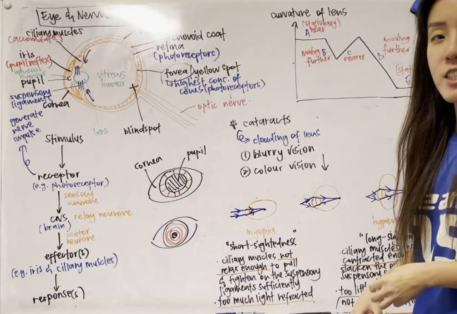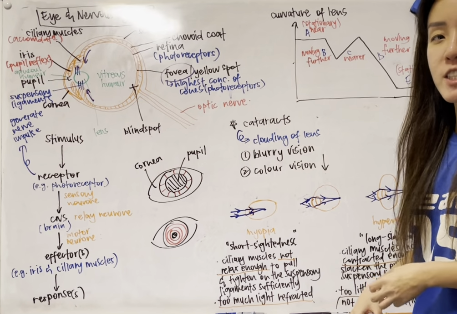What kind of lens, Jasmine? Convex. Yes, convex lens. So let me just draw. If you want to draw the lens, you will be having a convex lens. Why?